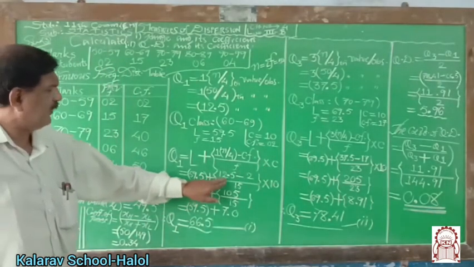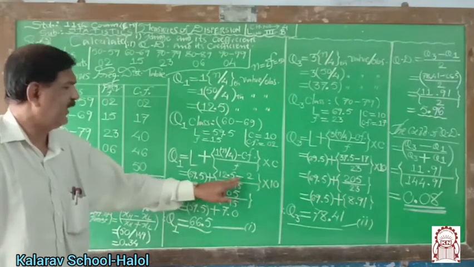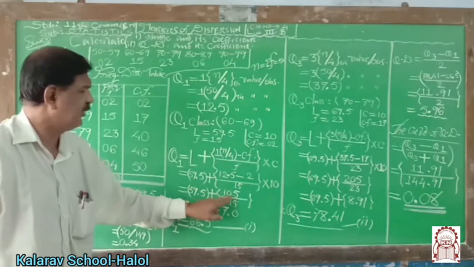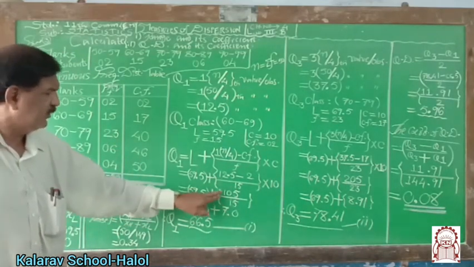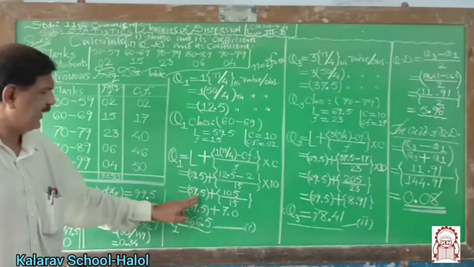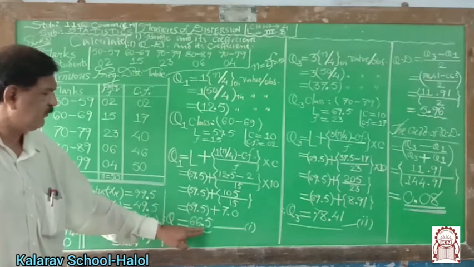Subtraction of 12.5 minus 2 is 10.5. 10.5 multiplied by 10 is 105 upon 15, which becomes 7. 59.5 plus 7 becomes 66.5.